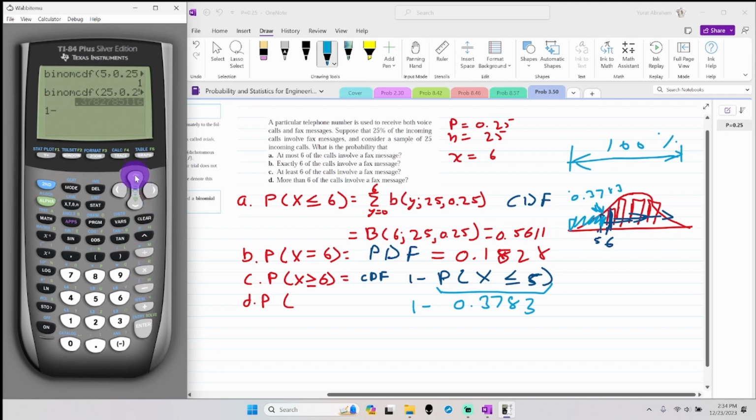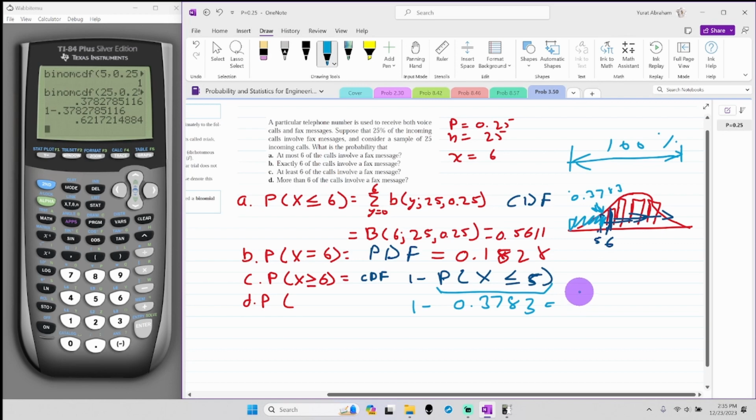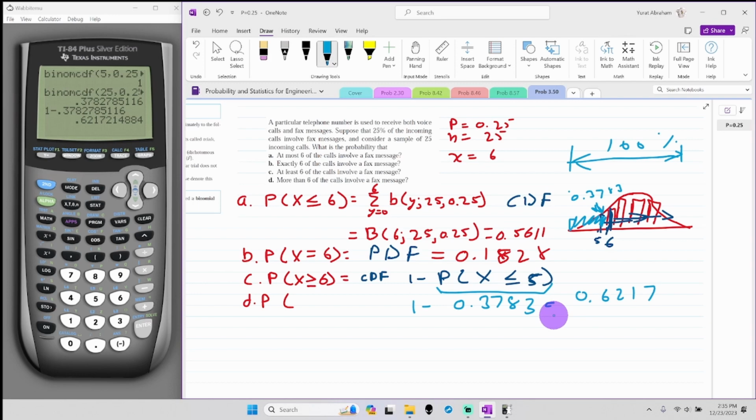We're going to go up here, push this up, press enter, enter. So the final result gives us 0.6217. So that's how you would do the probability that at least 6 of the calls involves a fax machine. Do the 5 and then do 1 minus. All these problems in this textbook are similar. The thing they change is the numbers, the values, and just the way they reword the problem.